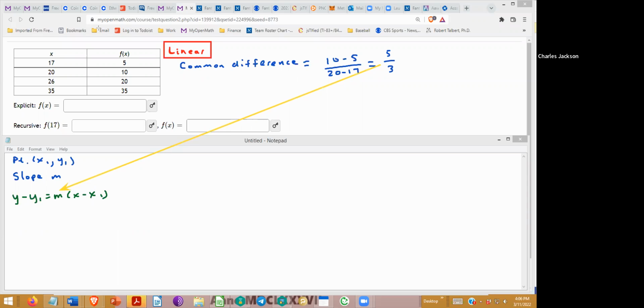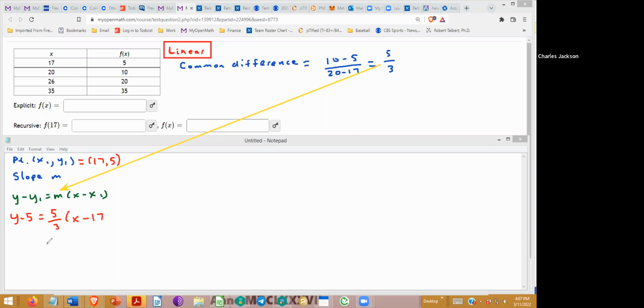Then for the point, we can use any point we want, but we'll go with 17, 5. So y minus 5 equals 5/3 times x minus 17.